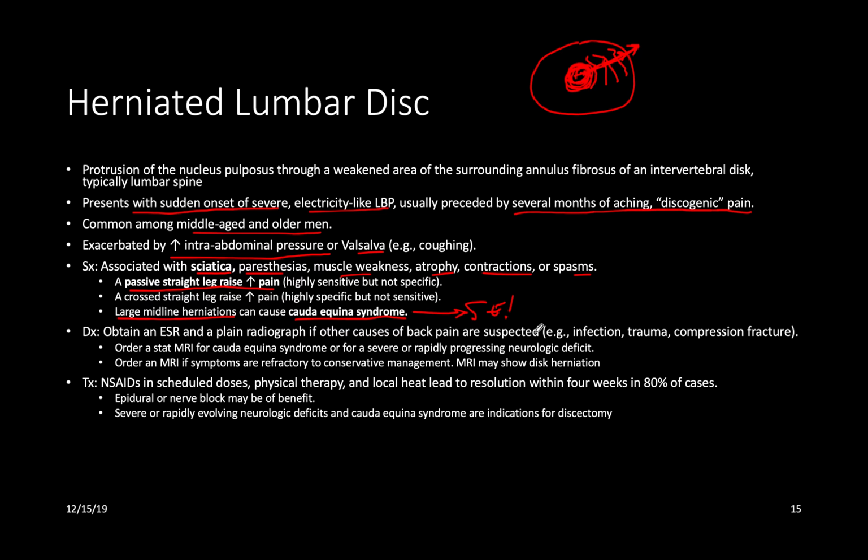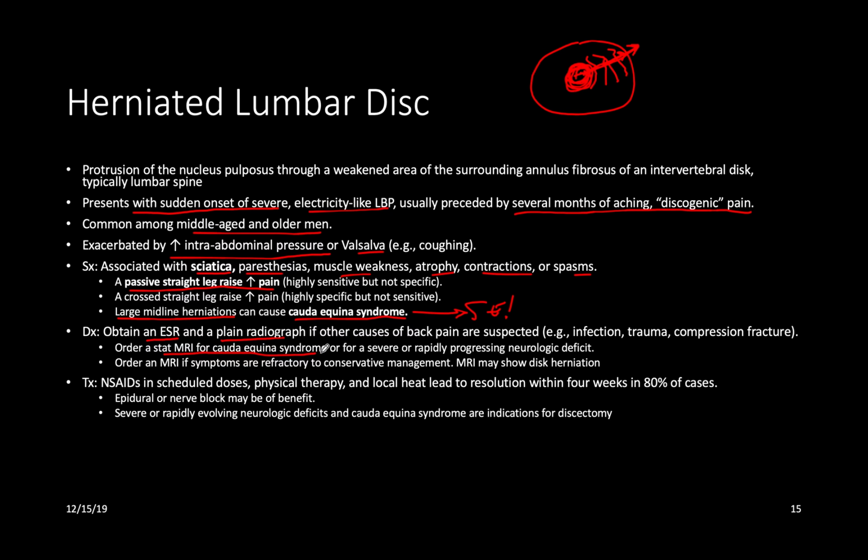Okay, so we're going to obtain an ESR just like you recommended. Okay, you told me we want to rule out ankylosing spondylitis. I love that. So obtaining that ESR will let us know, okay, is there some sort of inflammatory, infectious cause here? We're also going to get that plain radiograph x-ray if other causes of back pain are suspected. Great. Order a stat MRI for cauda equina syndrome.